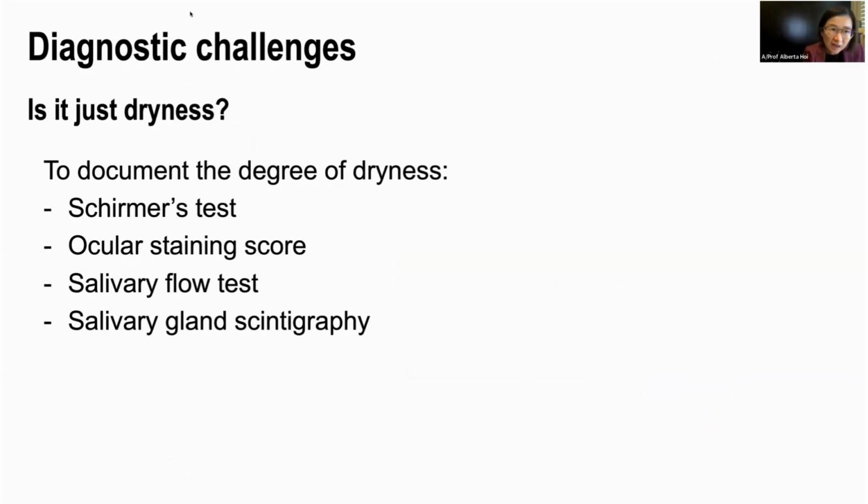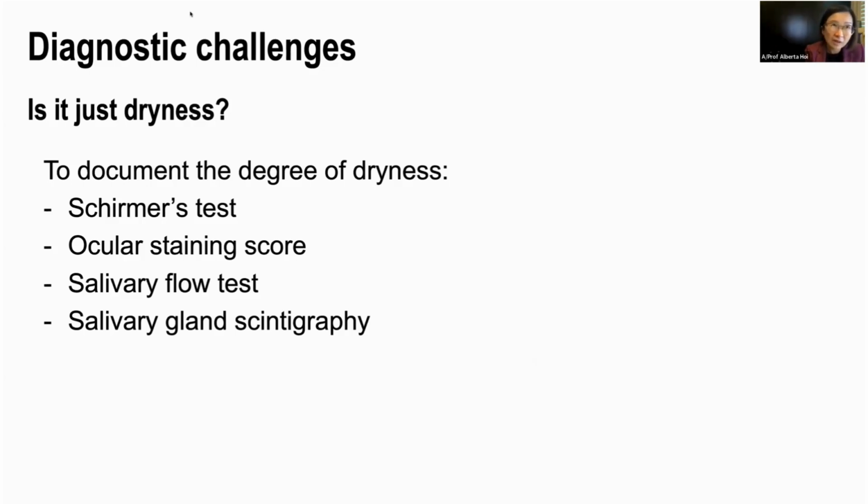So the next section, I want to move on to the diagnostic challenges that we have with Sjogren's. This is one of the frustrations in dealing with these conditions, because, as I mentioned at the outset, often people just associate this with dryness, and if the patients are symptomatically very dry, often the treating clinician might be very quick to associate Sjogren's with what they're going through.